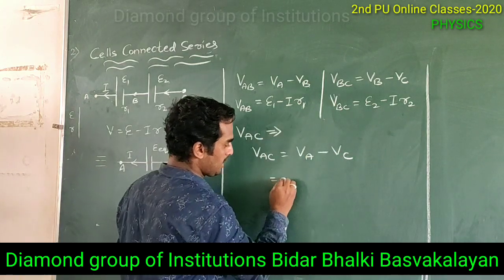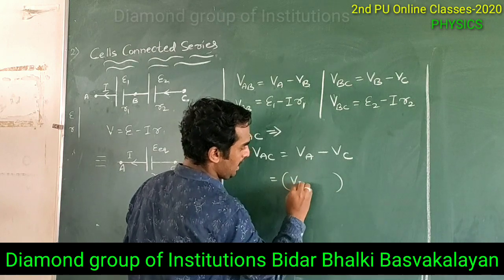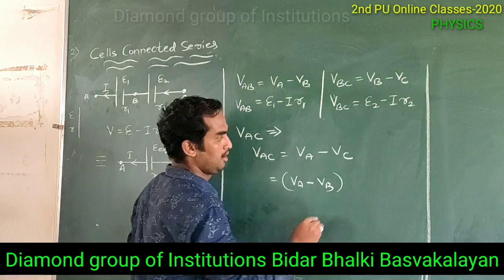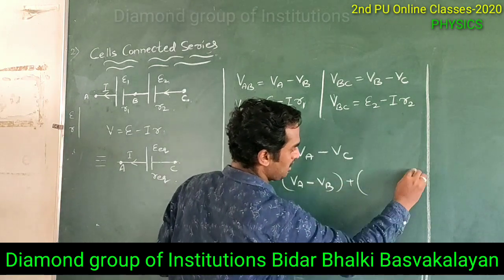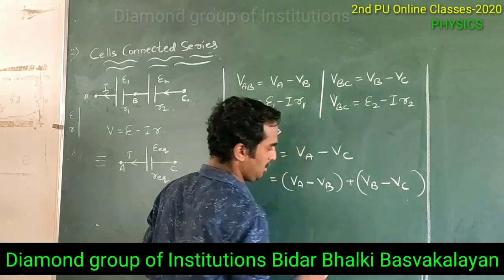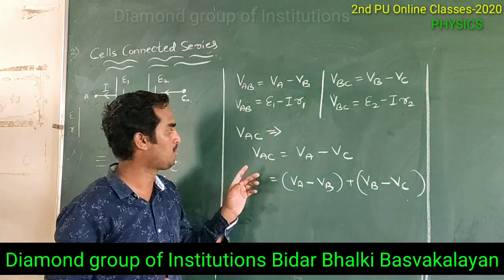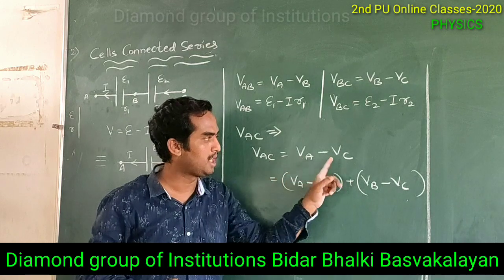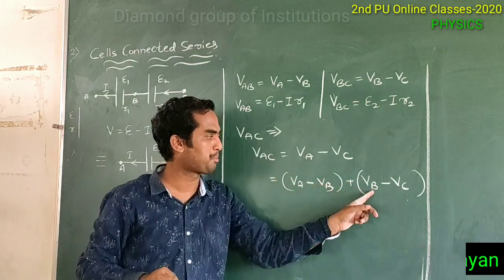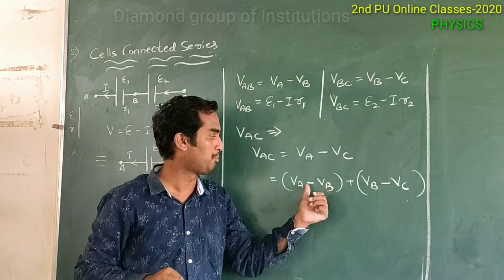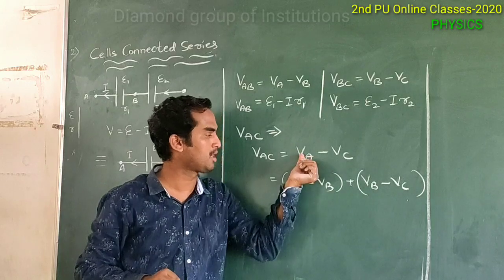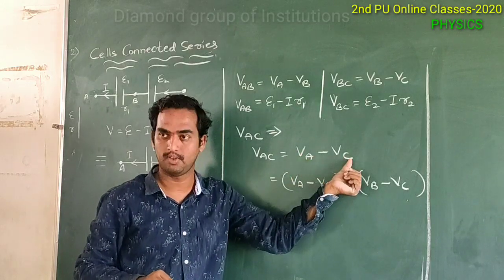So we can write it as VA minus VB plus VB minus VC. We don't know the value of VA minus VC directly, so for that purpose we add and subtract VB: minus VB plus VB. When they cancel, we again get the same answer, VA minus VC.